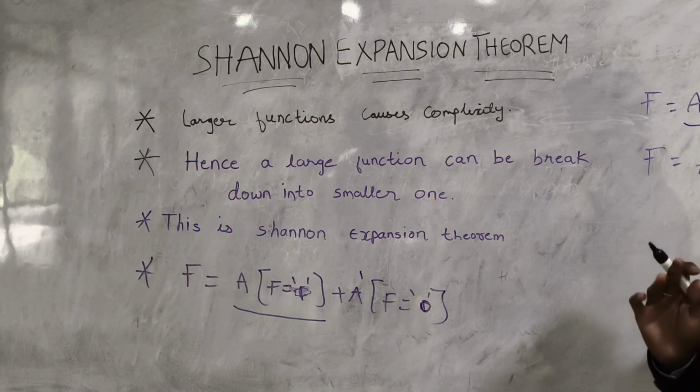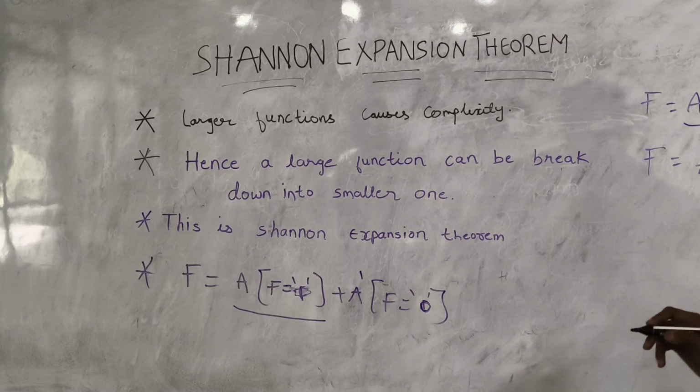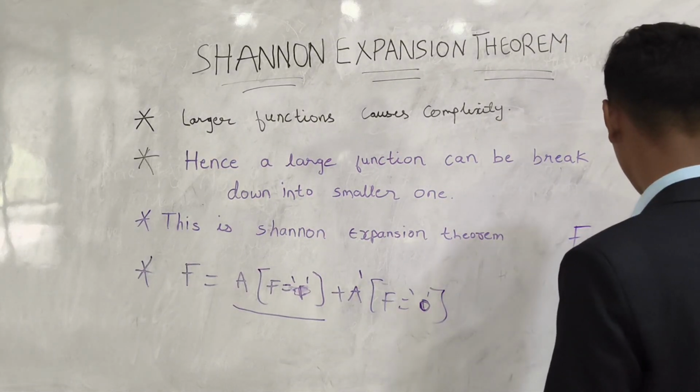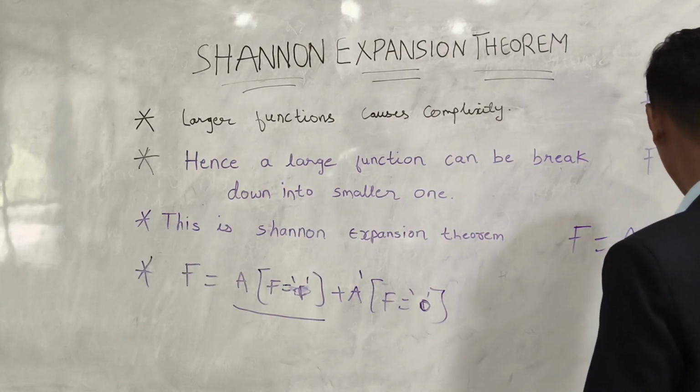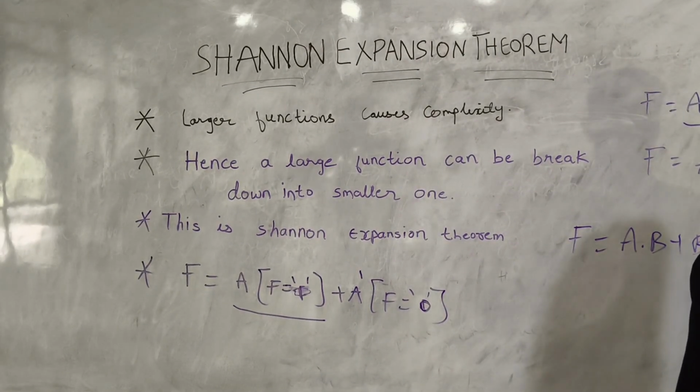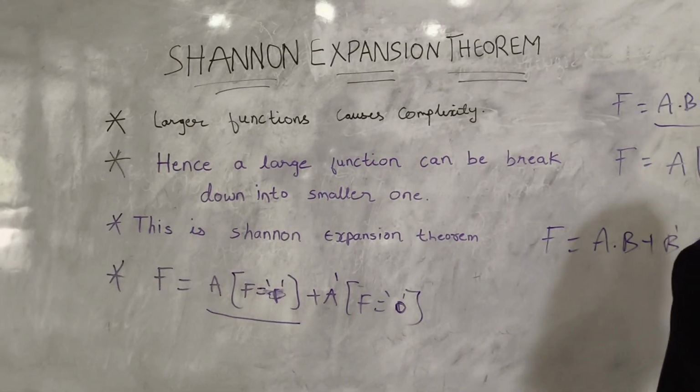Now Shannon's expansion theorem can be written as f equals a dot b plus b dash dot c plus d.